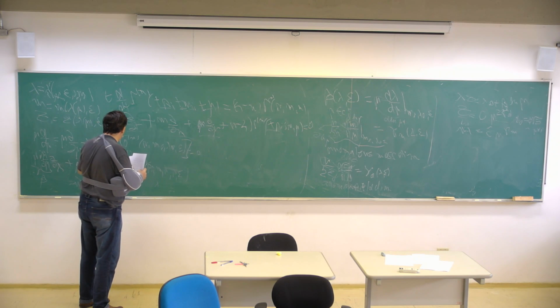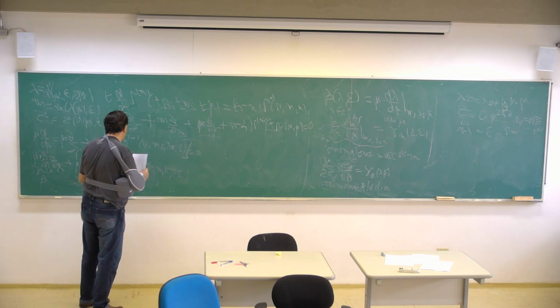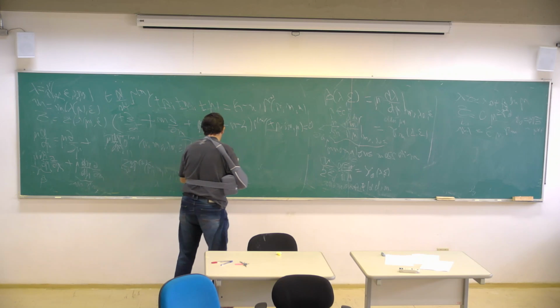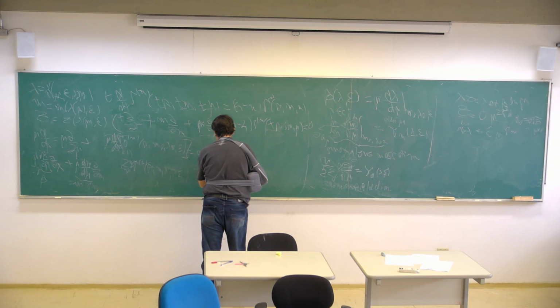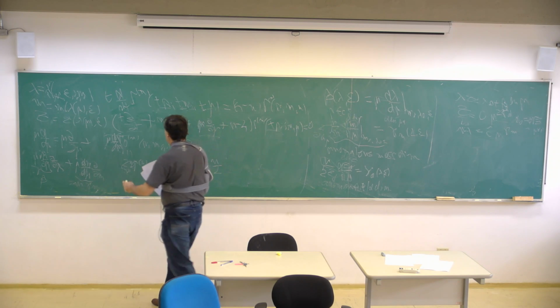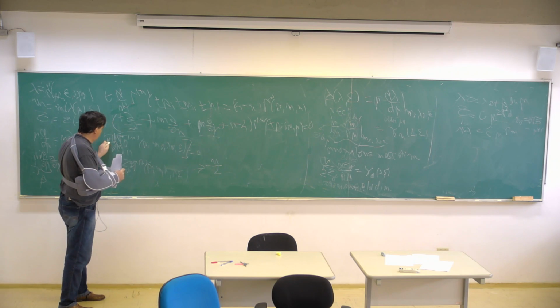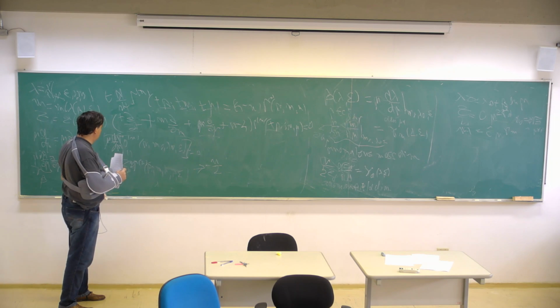Then the derivative of this will give, when I act with the partial derivative on z, minus n over 2.